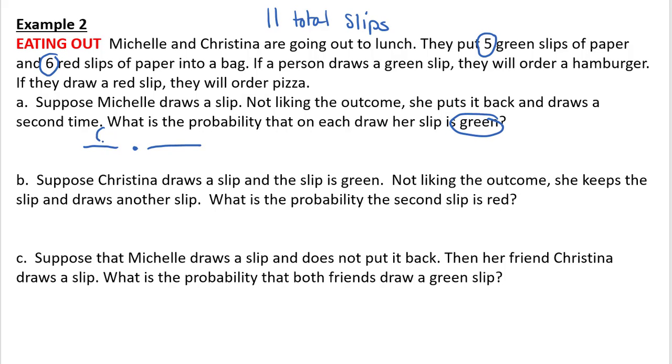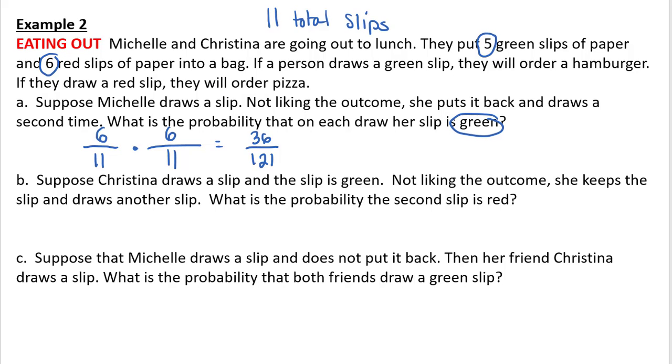There are 6 green out of a total of 11. She puts it back, so there's a total of 6 greens still left in there out of 11 total slips. So I have 6 times 6, which is 36, over 11 times 11, which is 121.